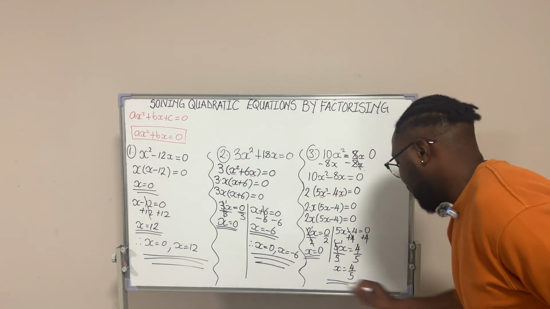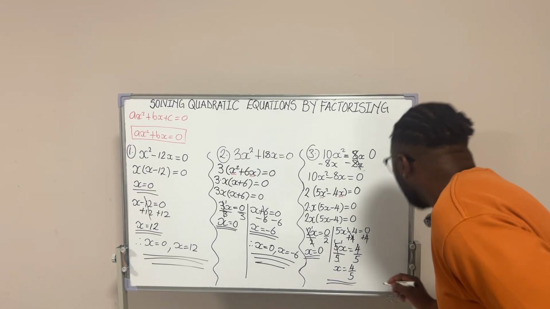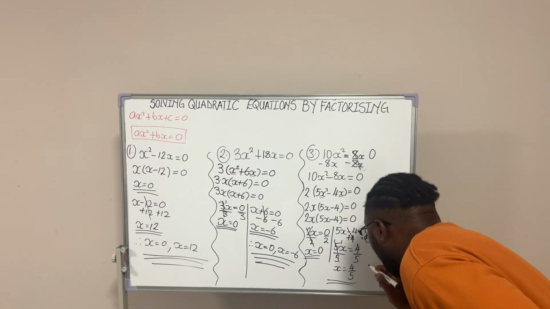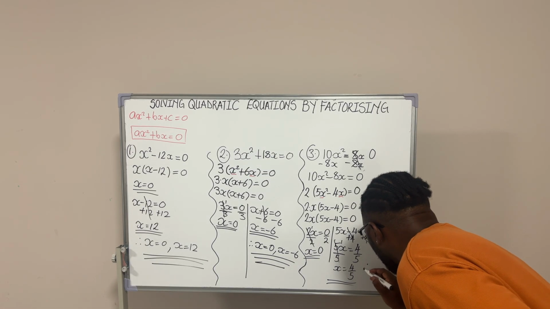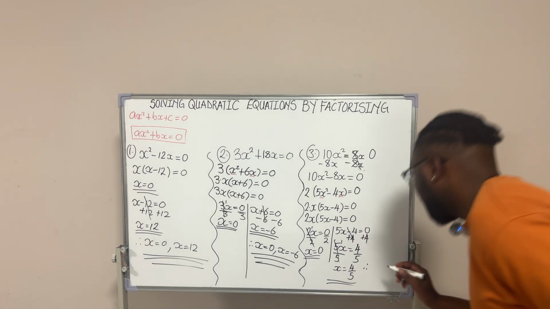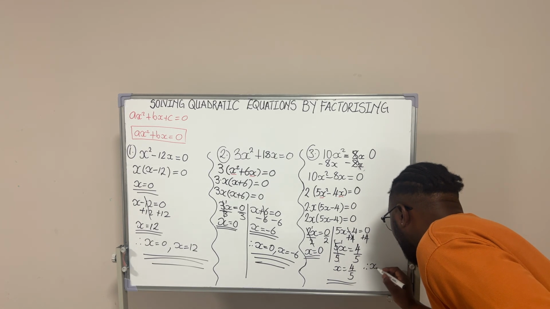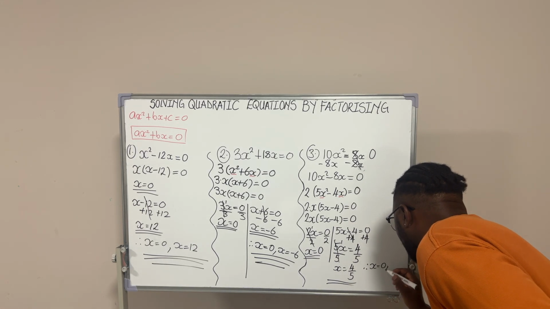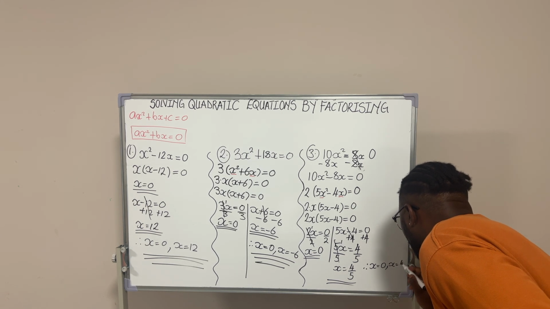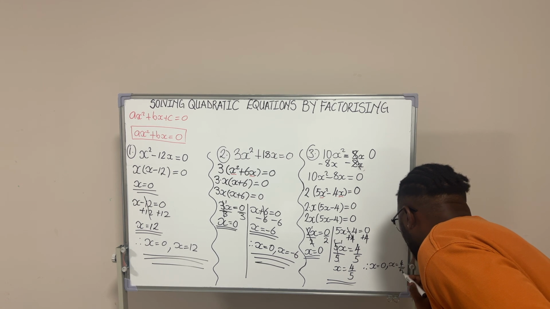This is our second solution. So therefore, our solution will be x equal to 0 and x equal to 4 over 5.